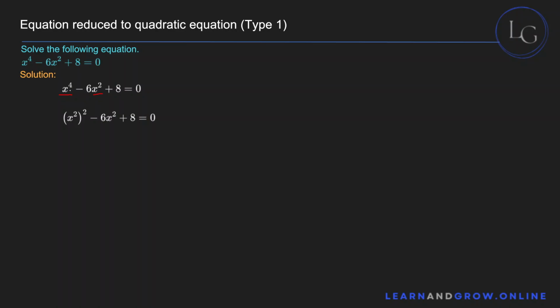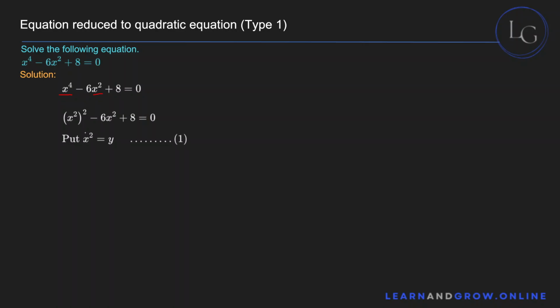So x to the power 4 becomes x to the power 2 raised to the power 2. So this is a quadratic form of this. If this was, say, x to the power 8, you would have taken x to the power 4 whole power 2.